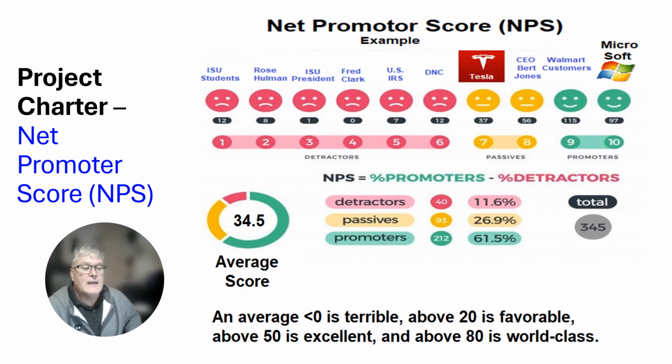And they get a rating, and from all of the promoters and detractors, figure out the percentage. And so we're seeing, at least in this example, that about 62% out of 345 total, with an average score of 34, it has a favorable rating for this example.